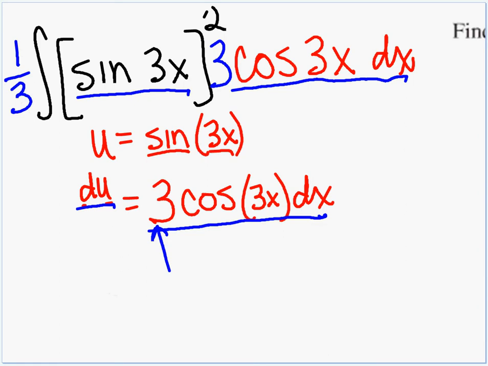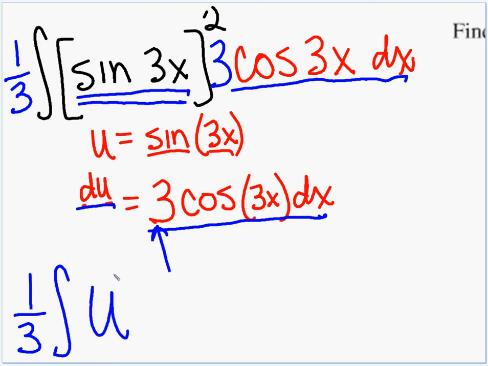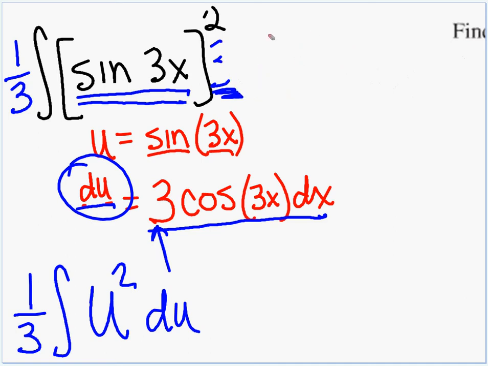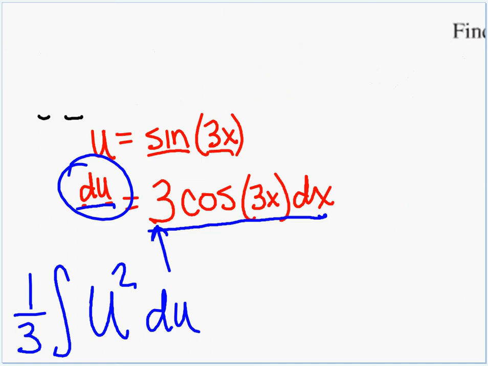So we have 1/3 antiderivative of, this is now not sine of 3x squared, it is now just u squared. And then all of this, the 3 cos of 3x and the dx, all of that turns into a little old du. Okay. I don't want to get rid of my original sub because we're going to need that at the end.